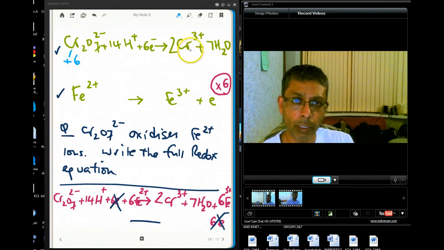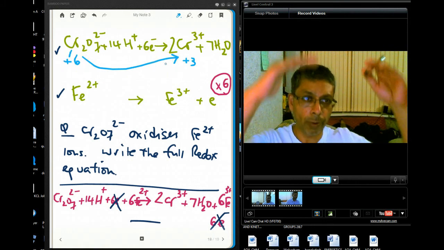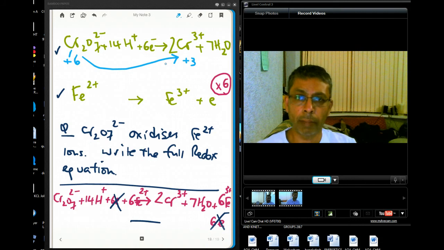On this side, the chromium's oxidation number is plus 3. You don't count the big 2 in front. These are oxidation numbers, not charges. Now, okay. So plus 6 to plus 3. If the oxidation number has gone down, right, plus 6 to plus 3, so plus 6 going down, then that's reduction, right?